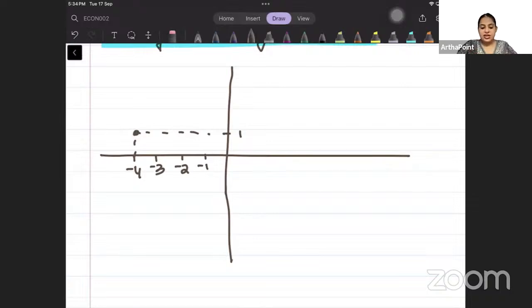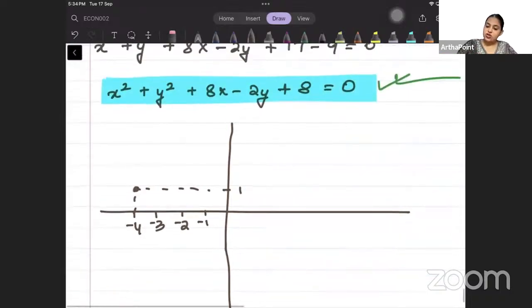And from the center, the radius of the circle is 3. The radius is the distance between the center and the edge of the circle, that is 3. So the circle will be plotted like this.